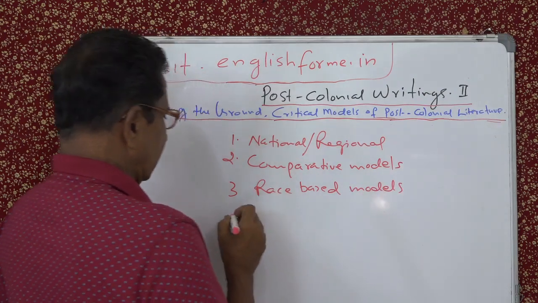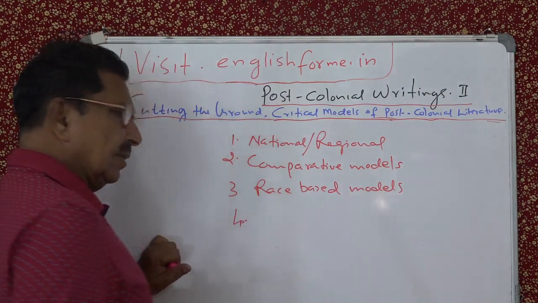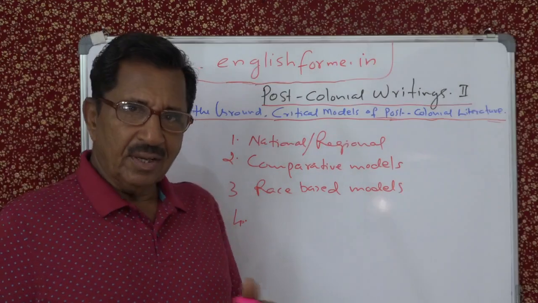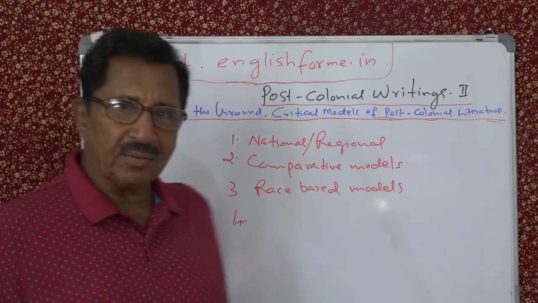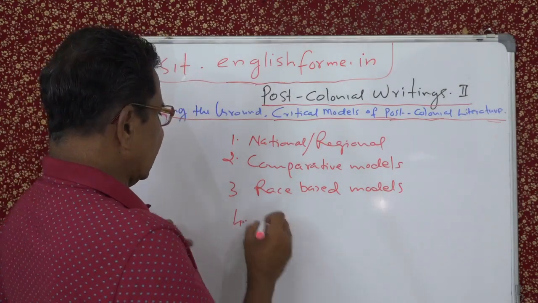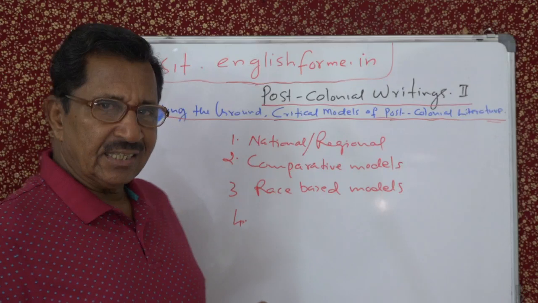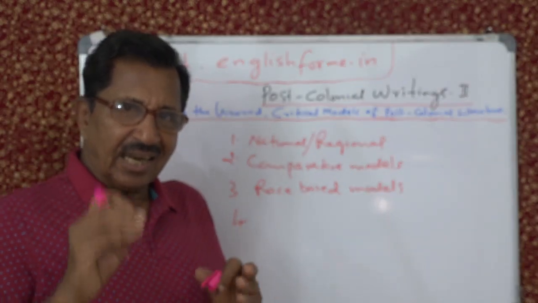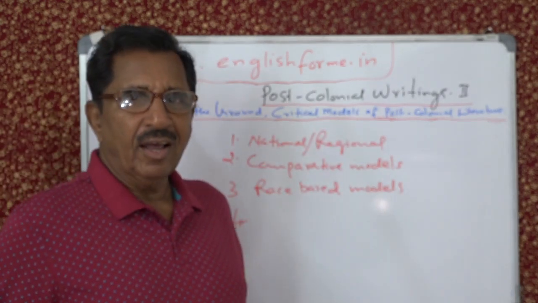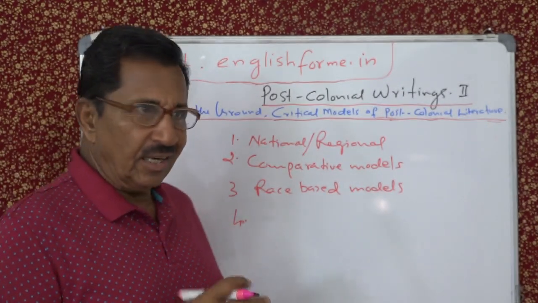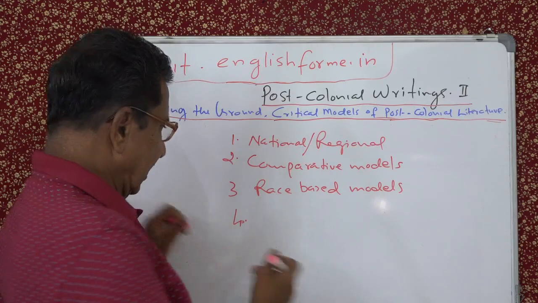In addition to this there are some minor models that we will see later as we go on. These are the four major models, and there is also the study of certain aspects that you find in all post-colonial writings, not only in national or regional or a race.